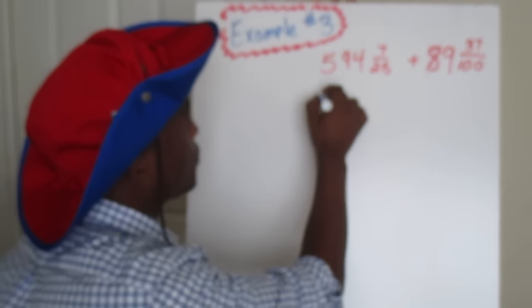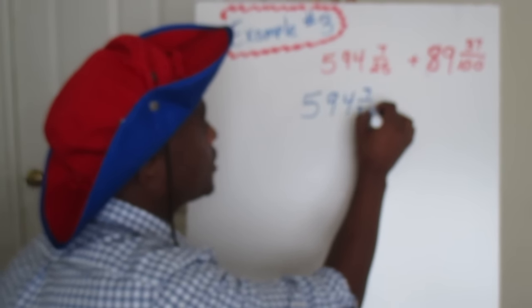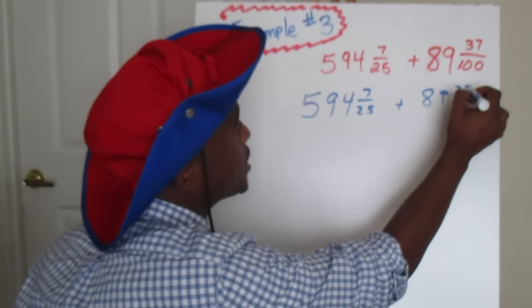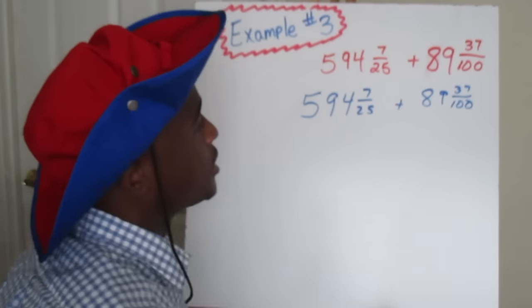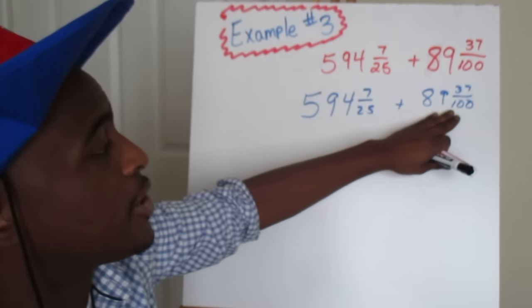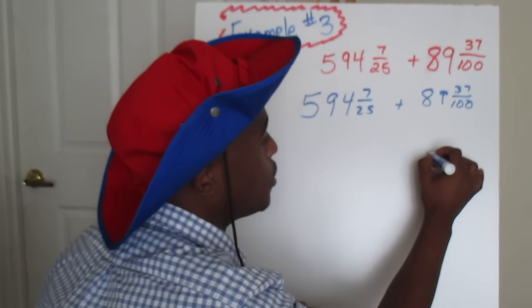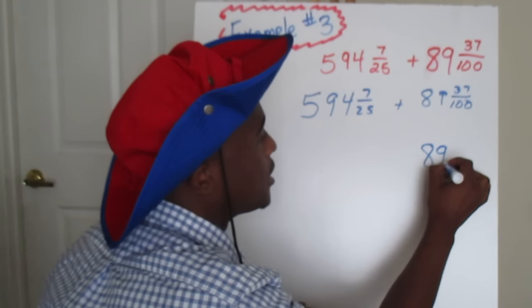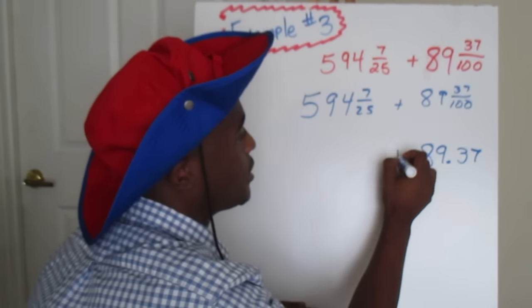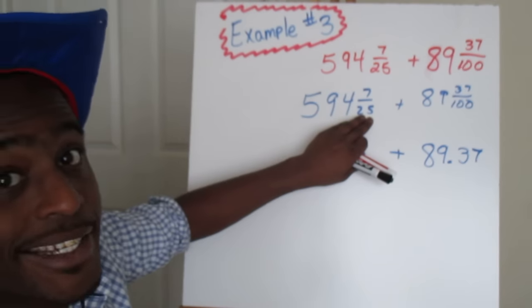All right, so first I will rewrite this problem as 594 and 7/25 plus 89 and 37 hundredths. Now it's real easy with our second addend. It's really easy to convert this into a decimal because it's in hundredths. So we know this will be 89 and 37 hundredths. It's a little trickier with our first addend.